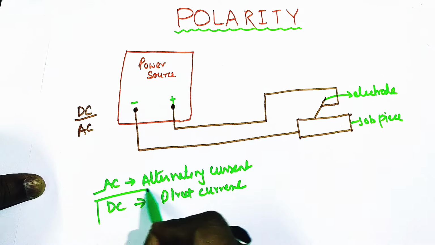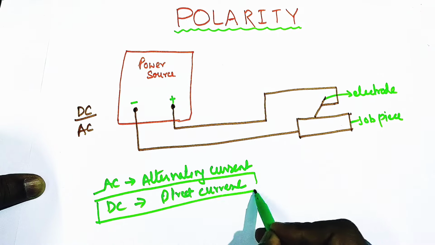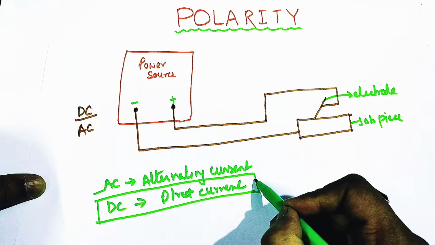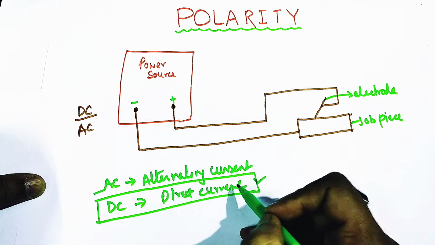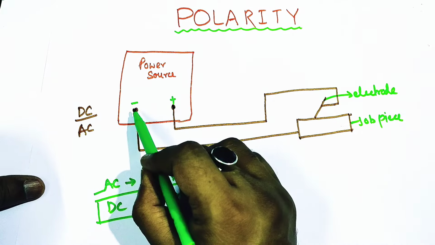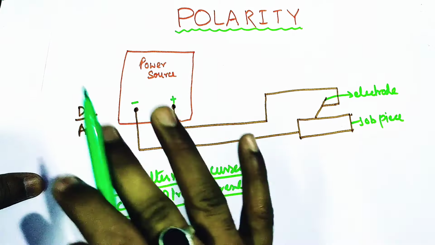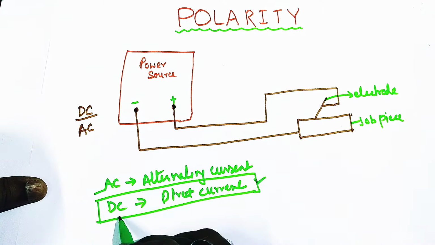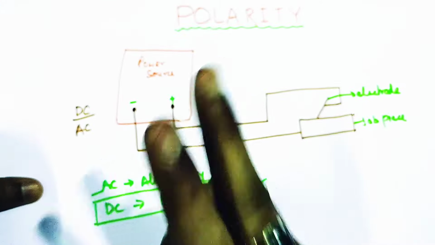But during DC it very much matters. During DC, direct current, the polarity, that is one terminal will act as positive and the other terminal will act as negative always. Hence during DC we can have two configurations.